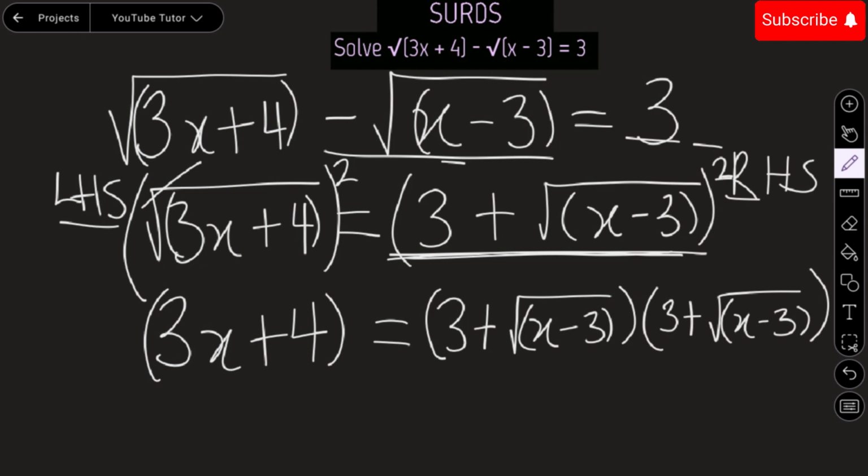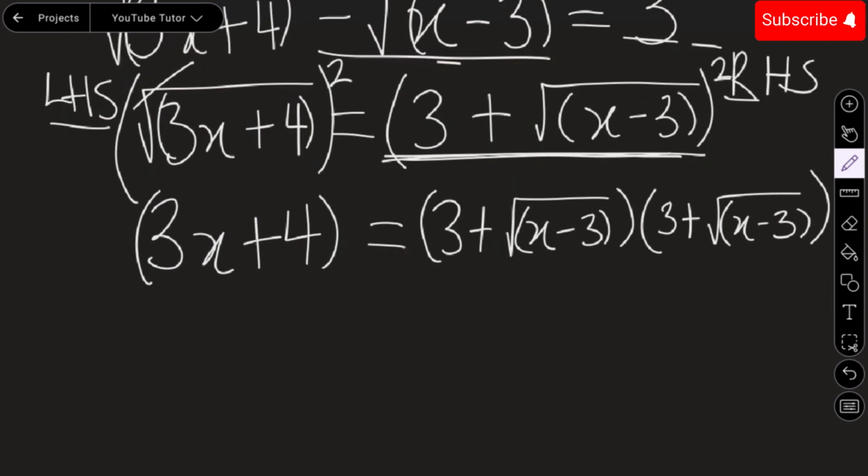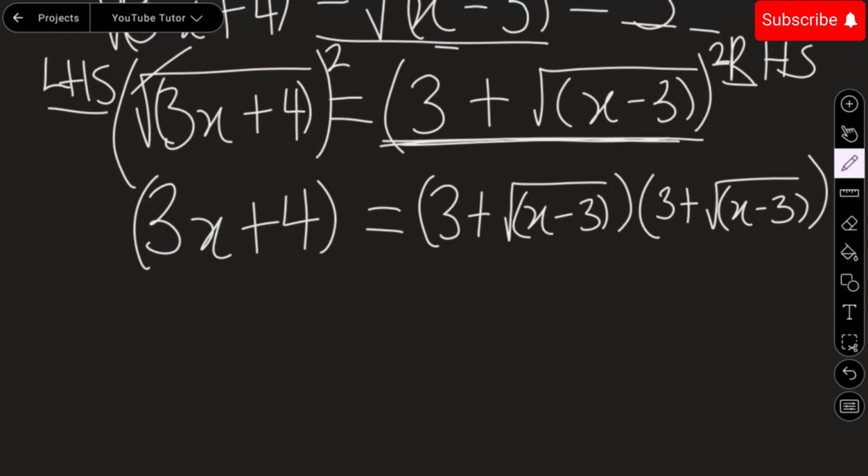Yes. So with this, it is going to give us 3x plus 4 is already there.